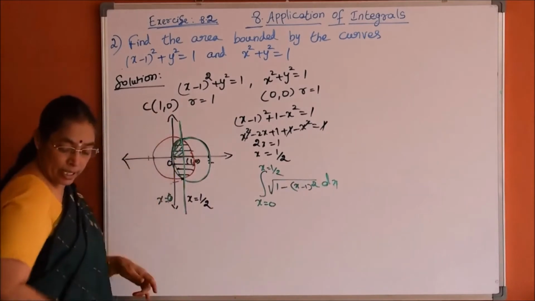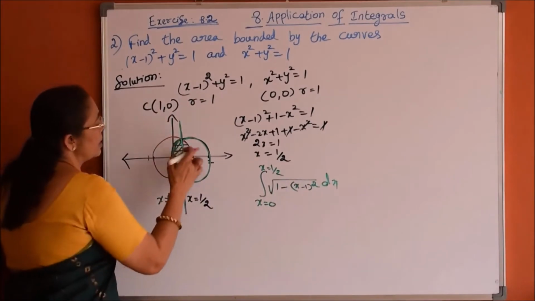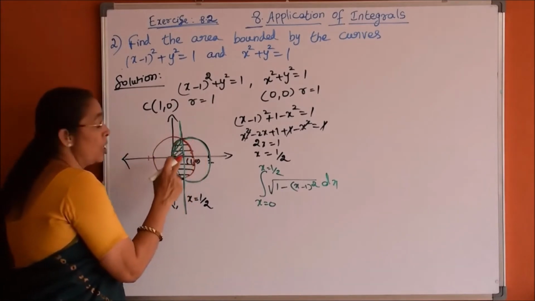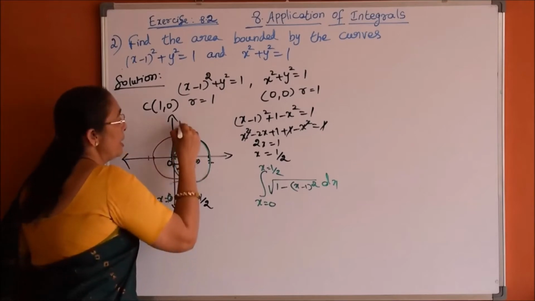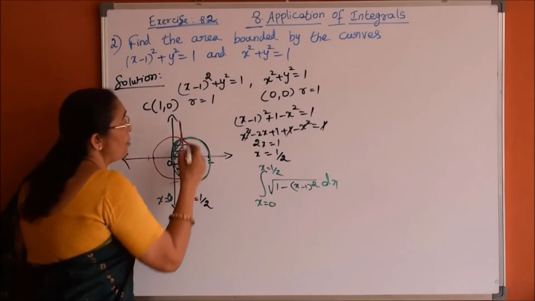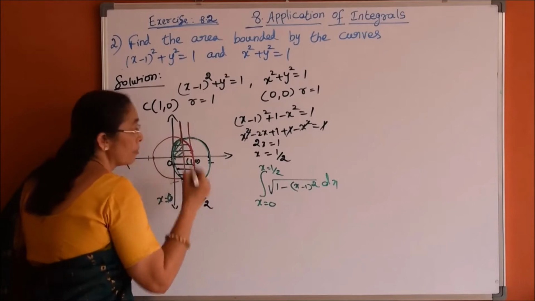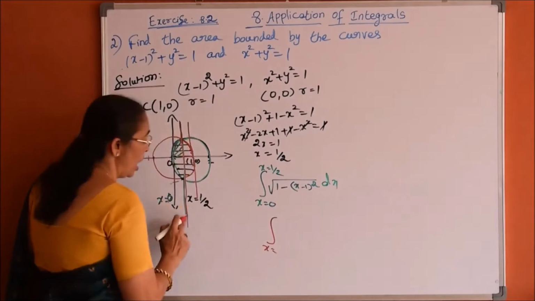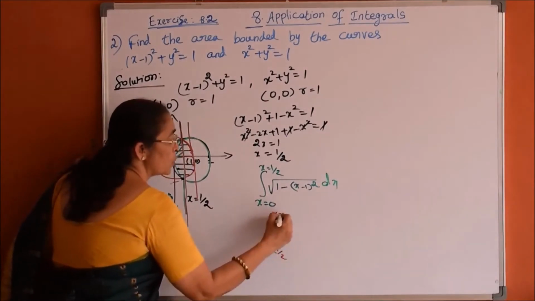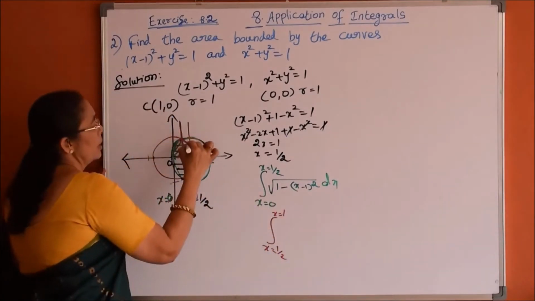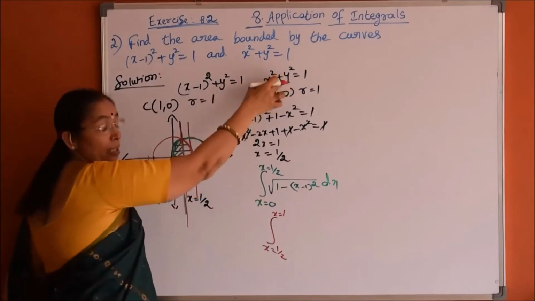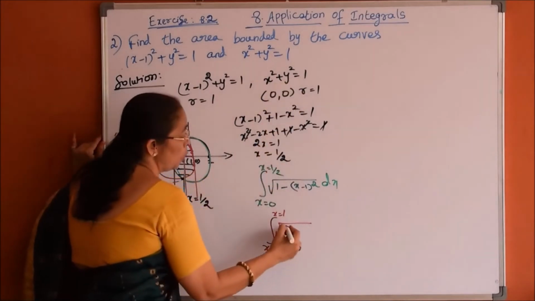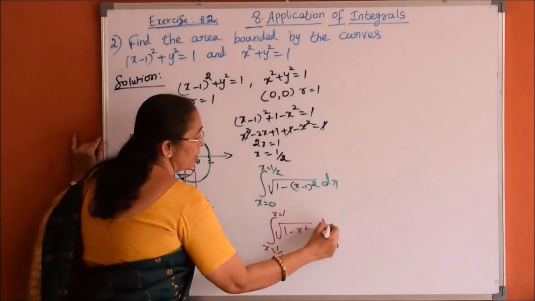Now for the second portion. The second part is the area covered by the circle with center at (0, 0) and radius 1 unit, between the lines x is equal to half and x is equal to 1. How will the integration be? Integration from x is equal to half to x is equal to 1, the curve is the second circle, y is equal to root over 1 minus x square dx.